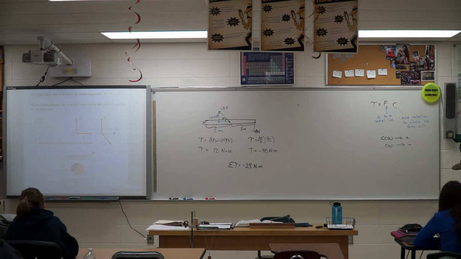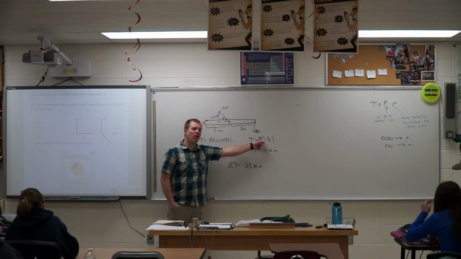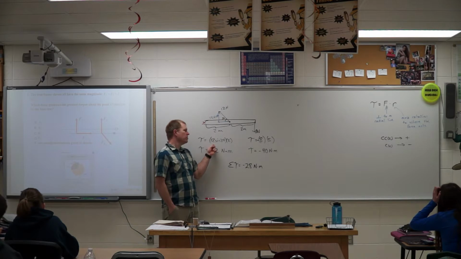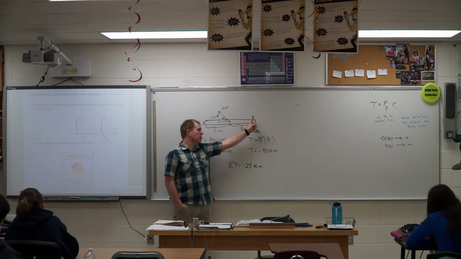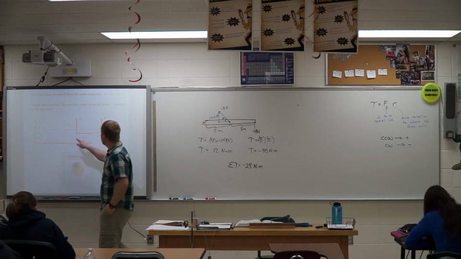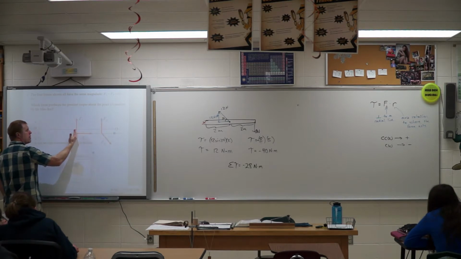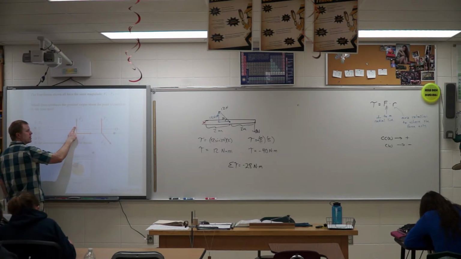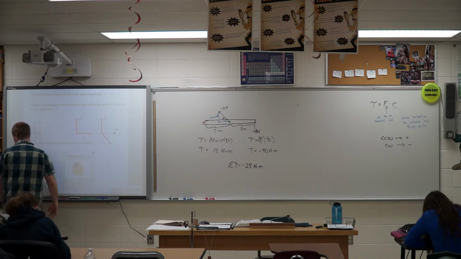F1 does produce the most amount of torque. Notice here, even though this one was smaller, 8 newtons instead of 12 newtons, it still produced considerably more torque, because one, it was perpendicular, and two, it was far away. So since all these forces are the same magnitude, the one furthest away and perpendicular is going to produce the most amount of torque. How much torque does F2 produce here? 0. All right.